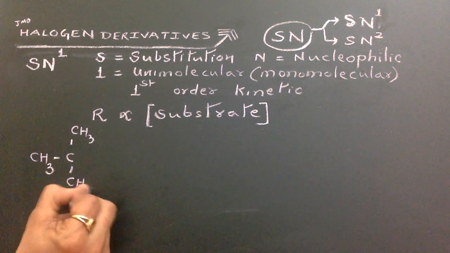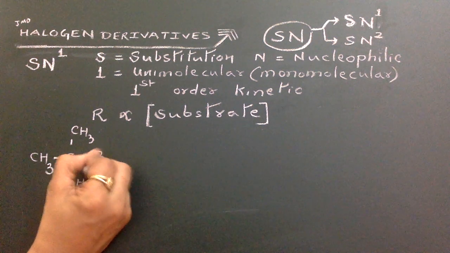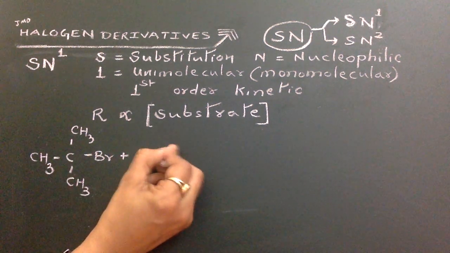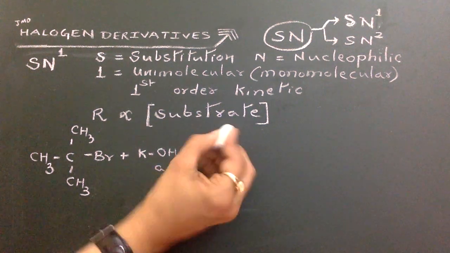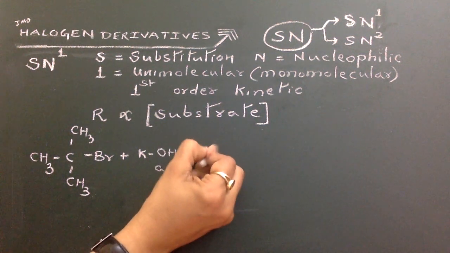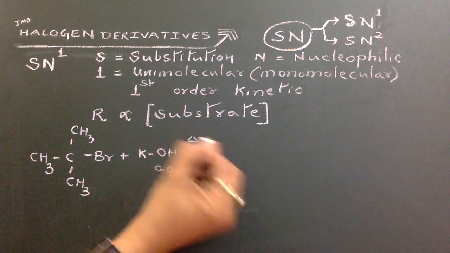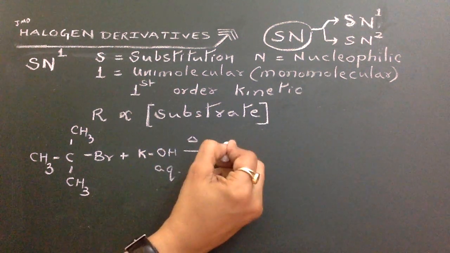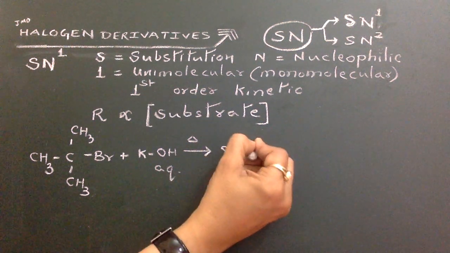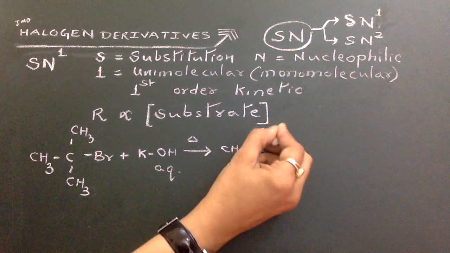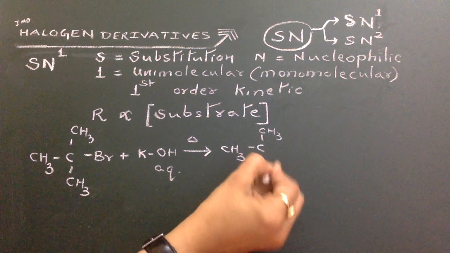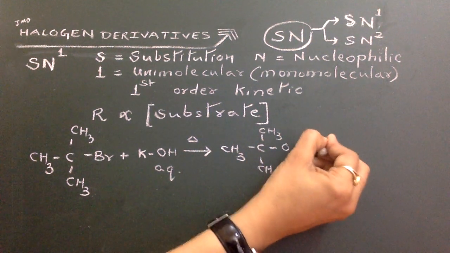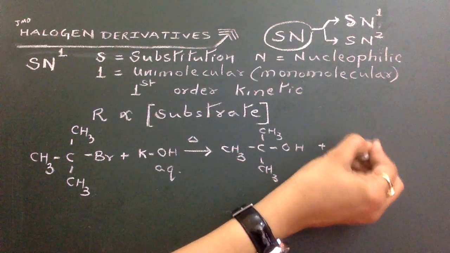Say if I take tertiary butyl bromide and treat it with aqueous KOH, as you know, substitution nucleophilic, and I heat the mixture a little bit, I warm the condenser, then I'll be getting tertiary butyl alcohol, that is 2-methylpropan-2-ol, and the byproduct is KBr.